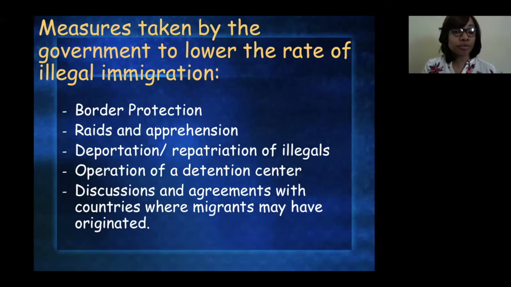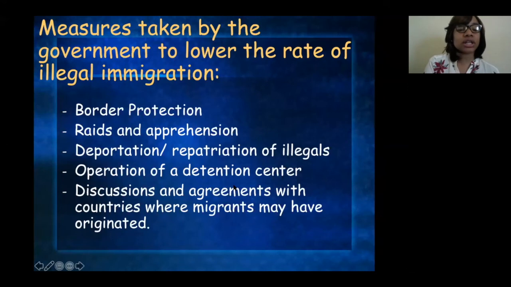You have operations such as your detention center. The fact that they have a detention center in the country means that the government is trying different initiatives. And last but not least, they want to have a discussion with the countries where these illegal immigrants are actually migrating from to try and alleviate this problem.